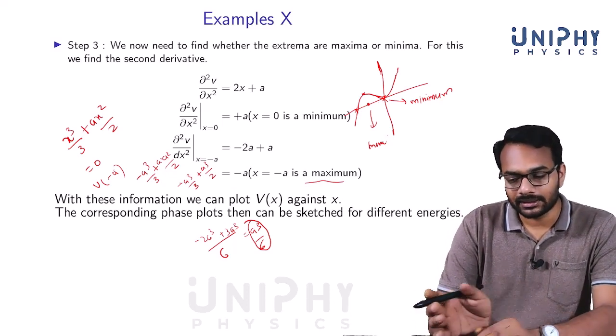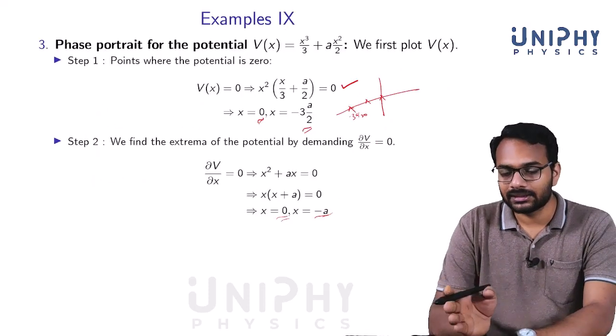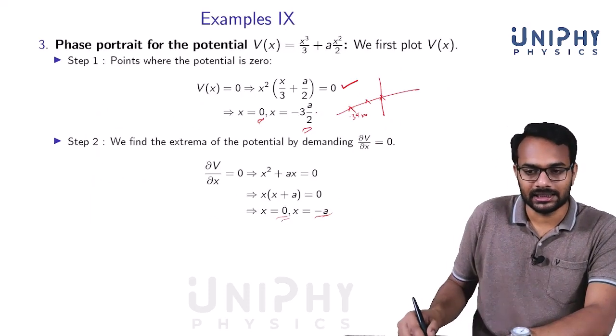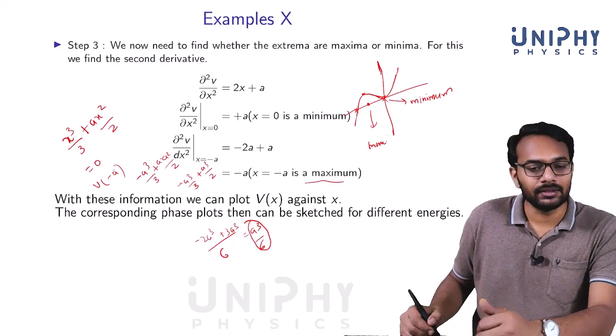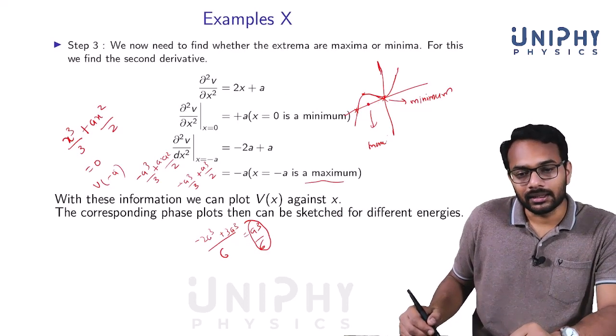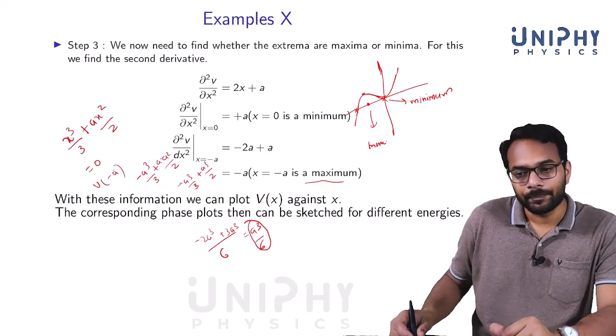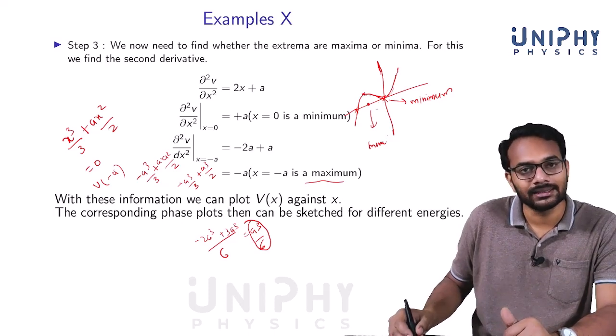I'll just go through the steps again. The first thing is that we found the points where the potential energy is 0. Then we found the extremum points, and the next thing we did was find whether the extremum points are a maximum or minimum, and we saw that this is a minimum and this is a maximum. If this is a minimum, it has to increase in both directions. If this is a maximum, it has to decrease in both directions.